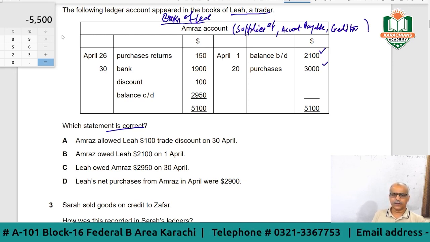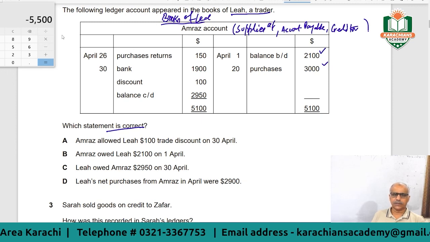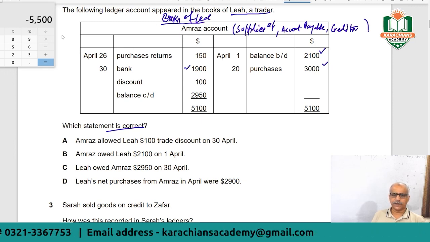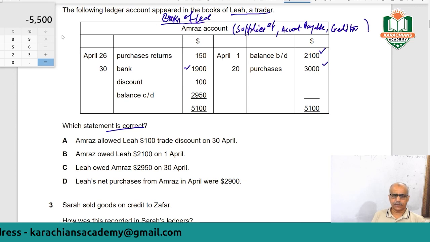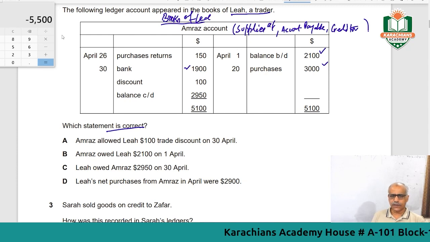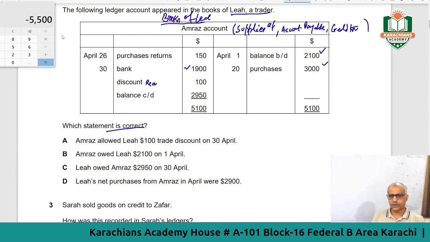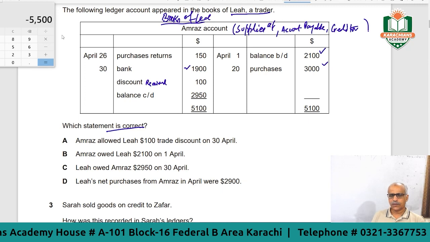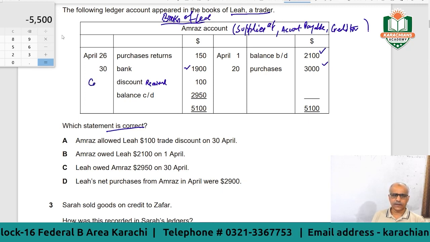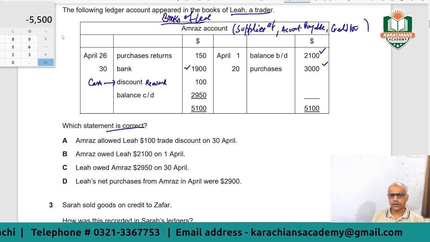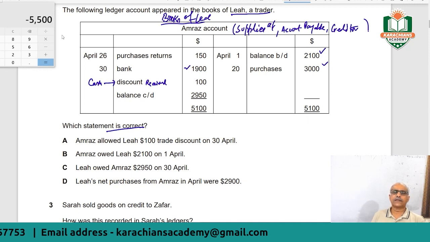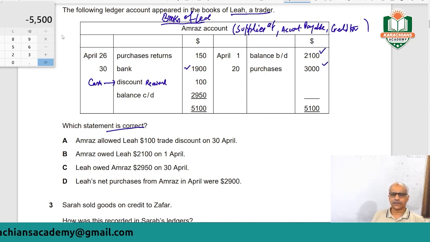So these are the purchases, right? Purchase returns, bank. He has made payment to him. Discount he has received on this, so this is basically a discount received. This is basically a cash discount, right? So cash discount is received at the time of settlement. So this is cash discount, right?